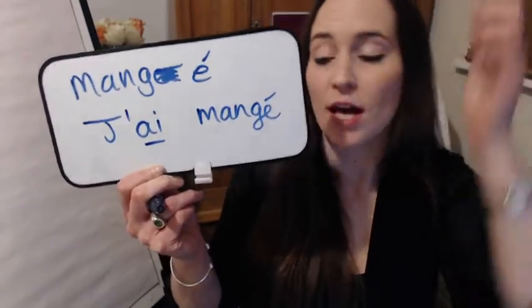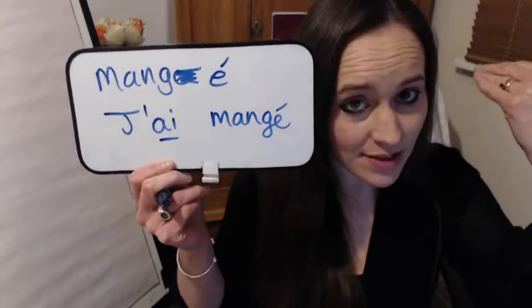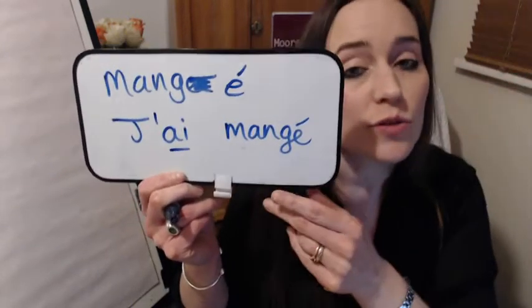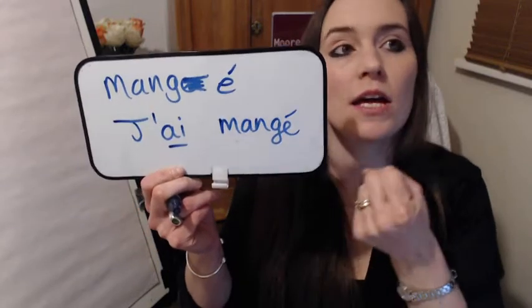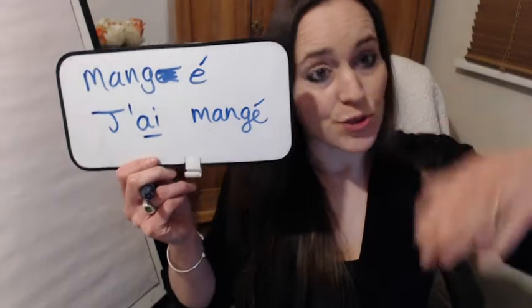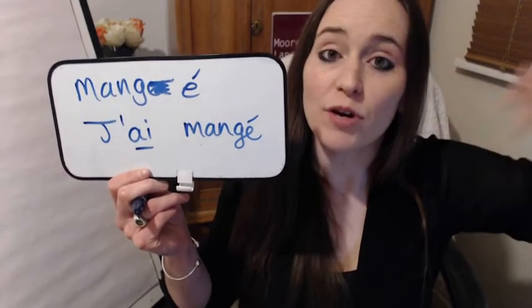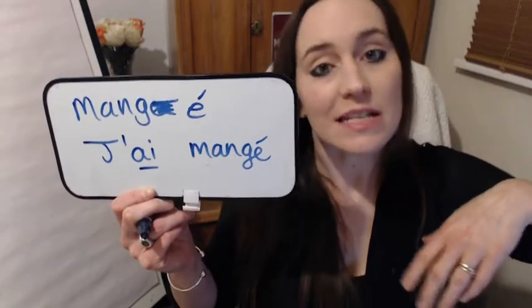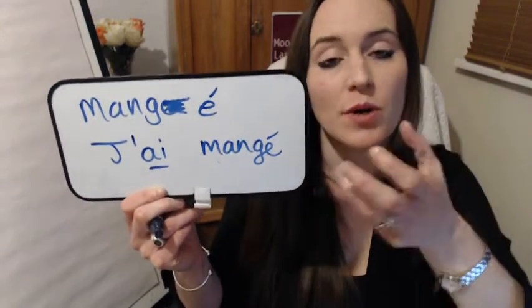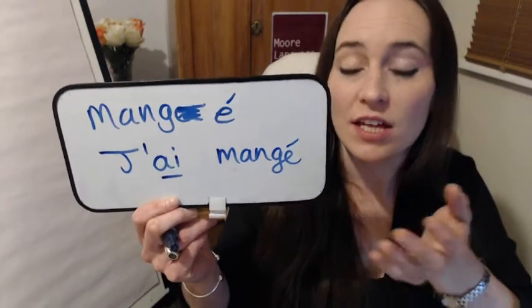So that's for ER verbs that are regular. And remember, it's not just in the past tense like the passé composé that you'll use the past participle. You'll also have it in other compound tenses like j'aurais mangé, or I would have eaten, for example. Okay, so the past participle will come after the verb avoir in a compound tense.